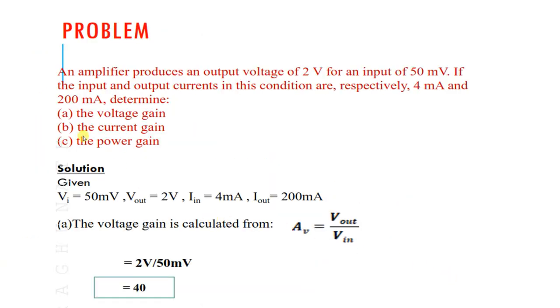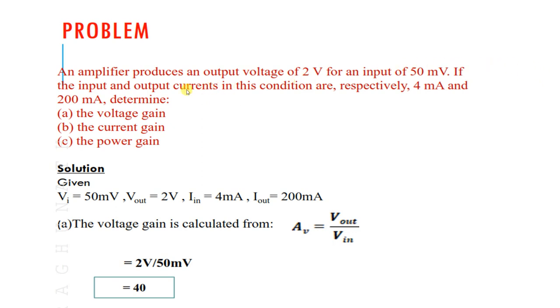Next we have problems from module number 2, which is amplifiers. In the first problem, an amplifier produces an output voltage of 2 volts for an input of 50 millivolts. The input and output currents are 4 milliamps and 200 milliamps.